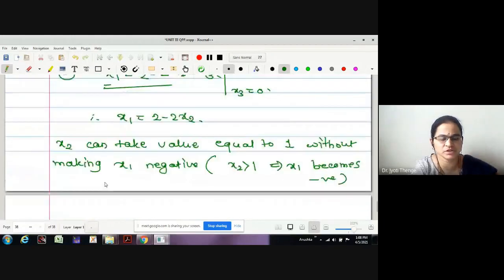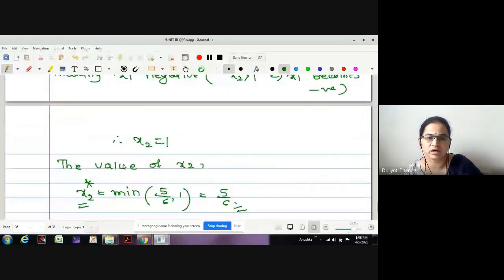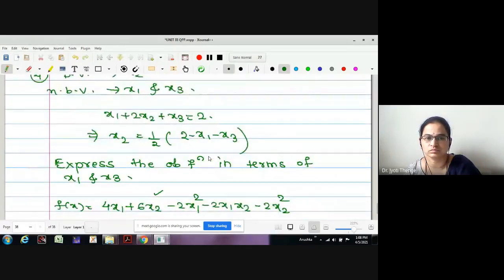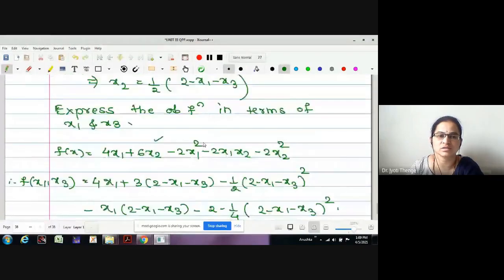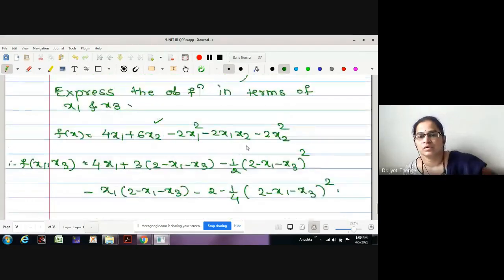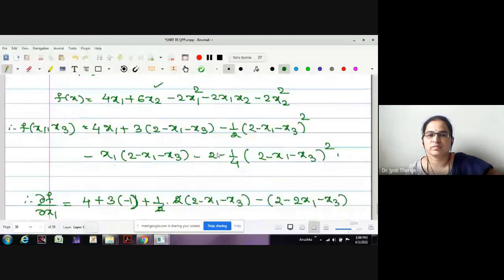Did I write the objective function correctly? 4x1 plus 6x2 minus 2x1 square minus 2x1 x2 minus 2x2 square.